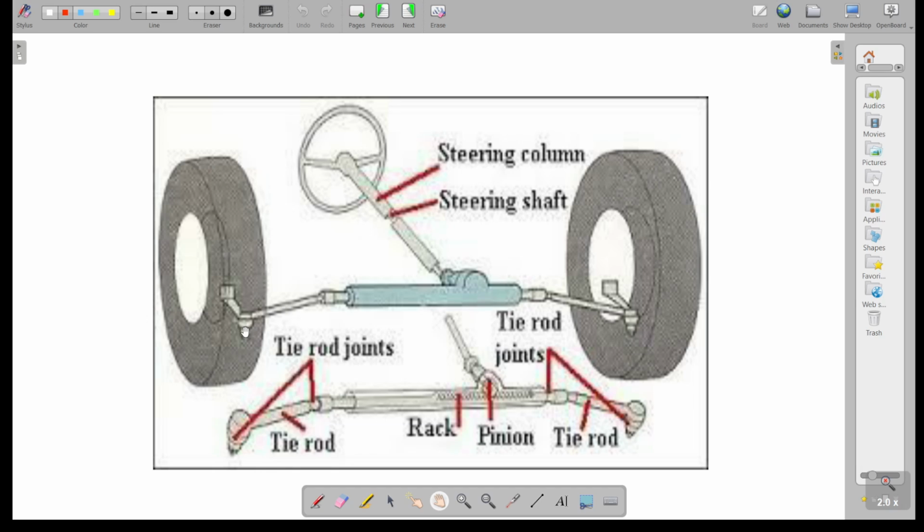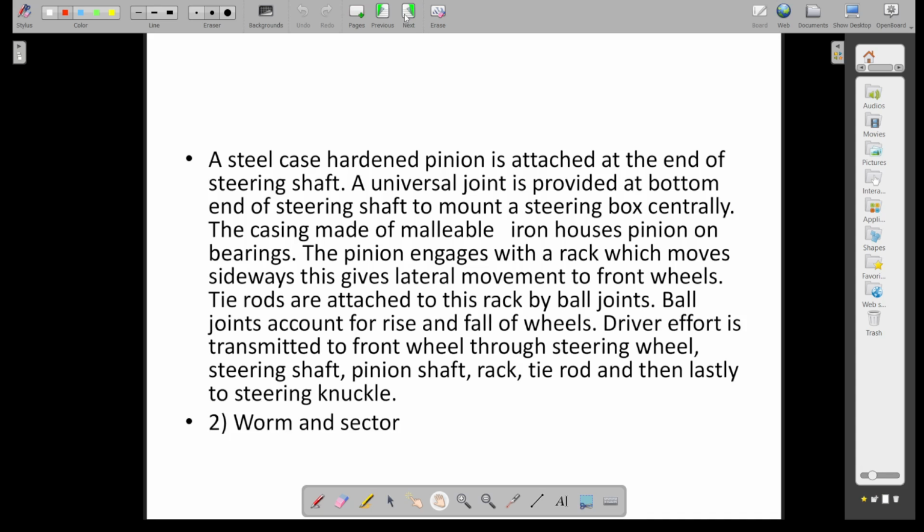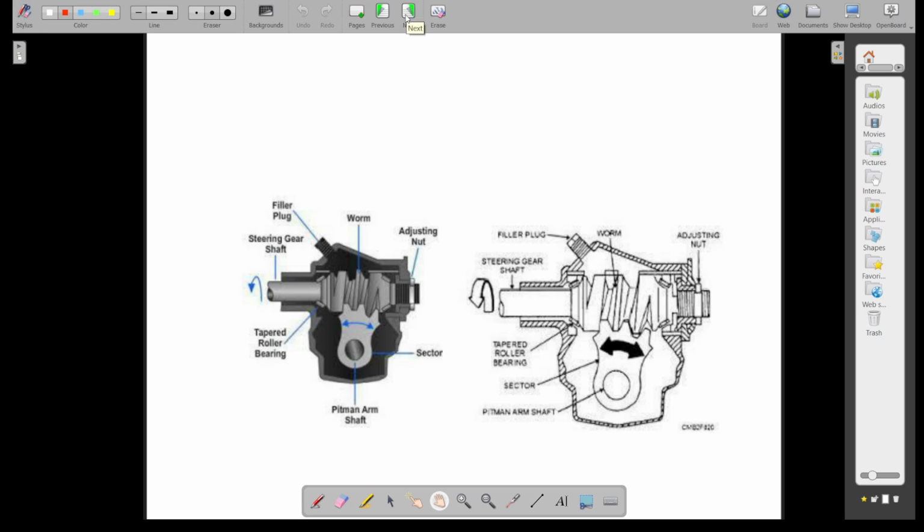Our main aim is that though we are rotating the steering wheel, we want the angular displacement of the wheels to achieve directional stability. So rotary motion should be transmitted into reciprocating, or to and fro, motion, and hence the angular displacement at the wheels.